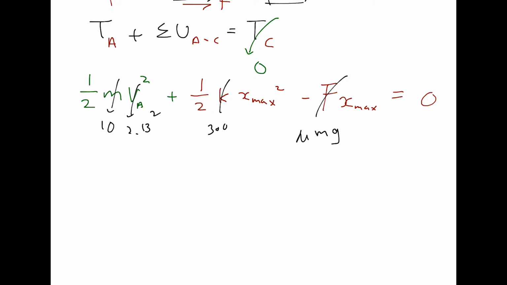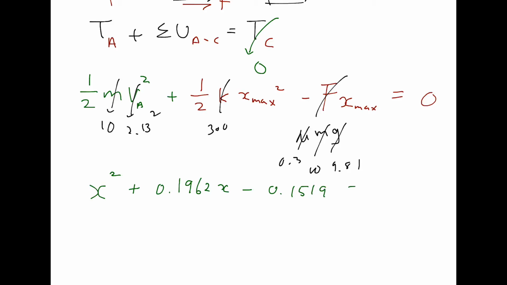So mu is 0.3, and then m is 10, and then g will be 9.81, times x maximum equals 0. So if we resolve all this, we basically will get a quadratic equation. If you resolve all those things, it will look like this. Yes, that will be a quadratic if I'm putting 4 decimals.